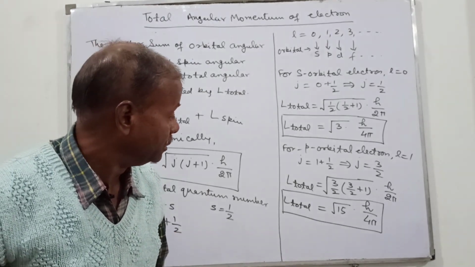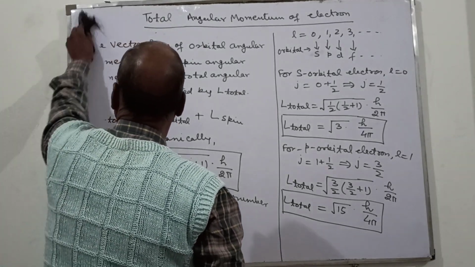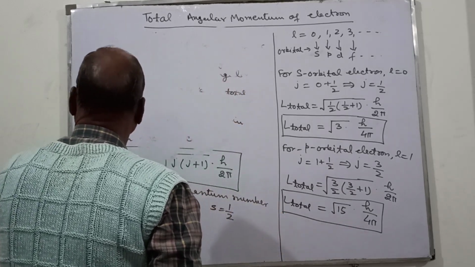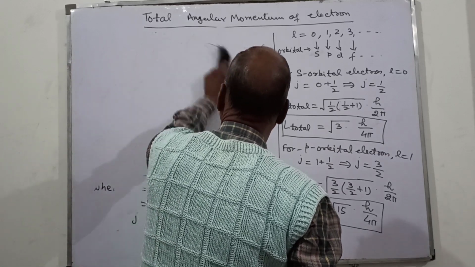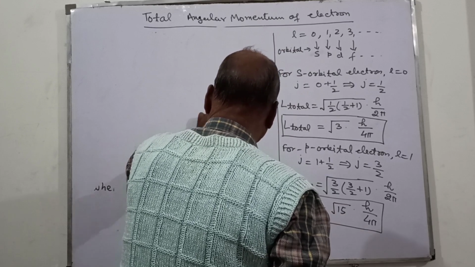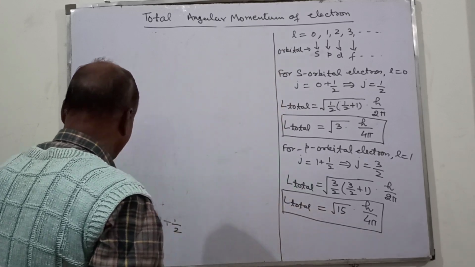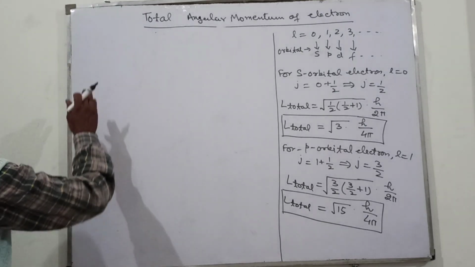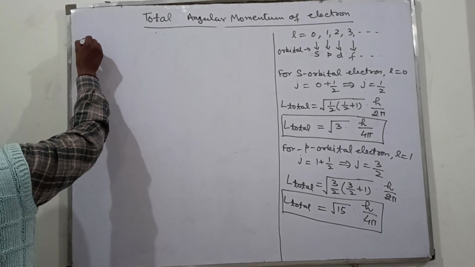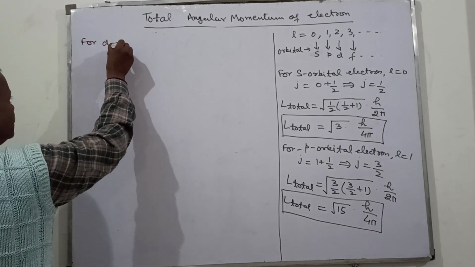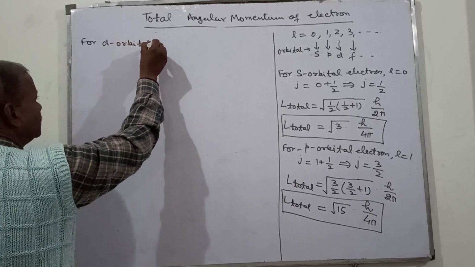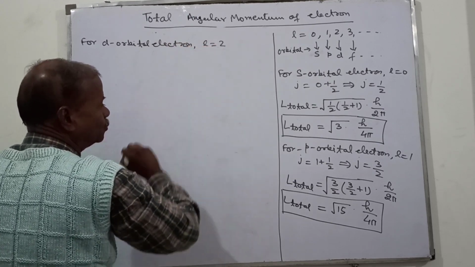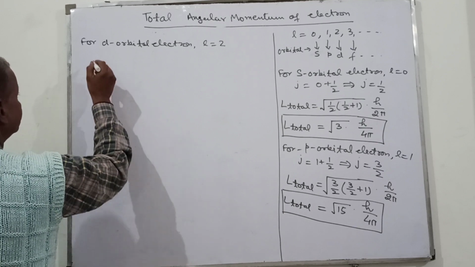And now for D orbital electron, L is equal to 2. So now J is equal to how much?